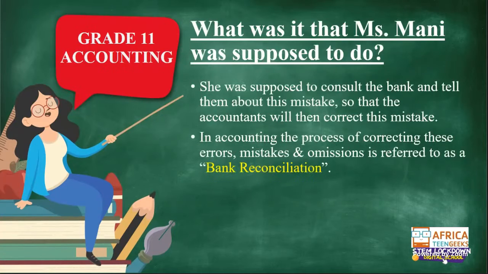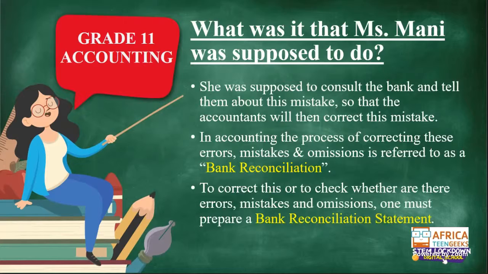In accounting, the process of correcting these errors, mistakes, and omissions is referred to as bank reconciliation. So if we are correcting the errors, mistakes, and omissions that occurred in the bank statement and the bank account, that process is referred to as bank reconciliation.